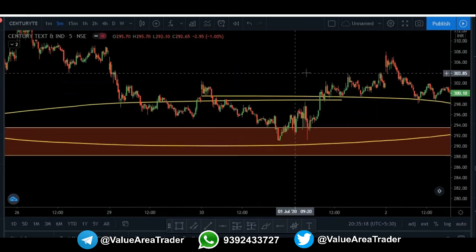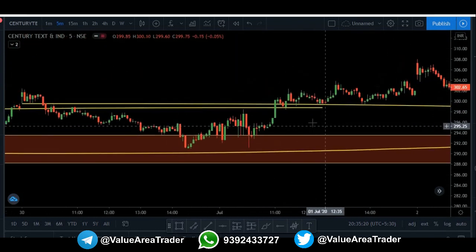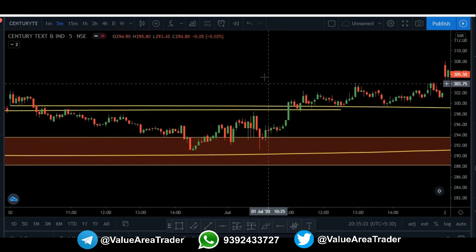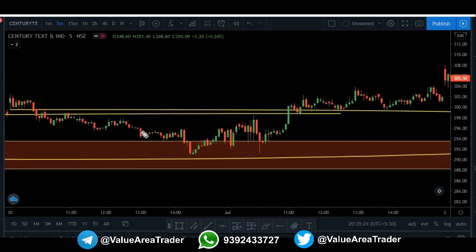Okay, so these kind of areas, what I'll do is I'll try to buy. Okay, I'll try to mark areas where the price is consolidating. Okay, I can see a clear area which is getting consolidated here. So what I'll look for is the break like this. This break with volume actually tells me yes, buyers are suddenly interested.